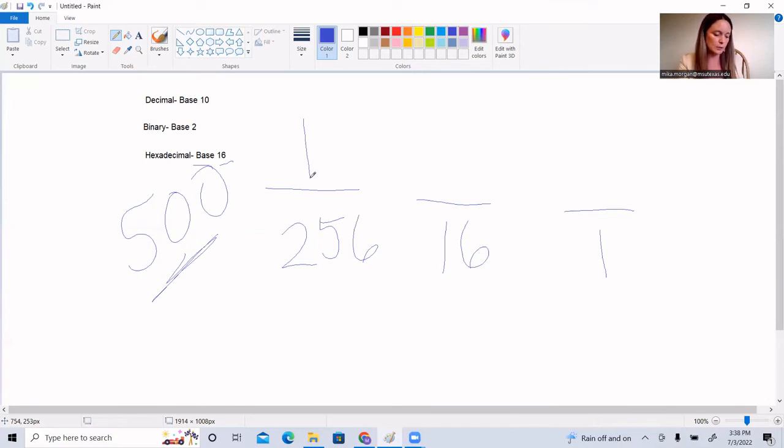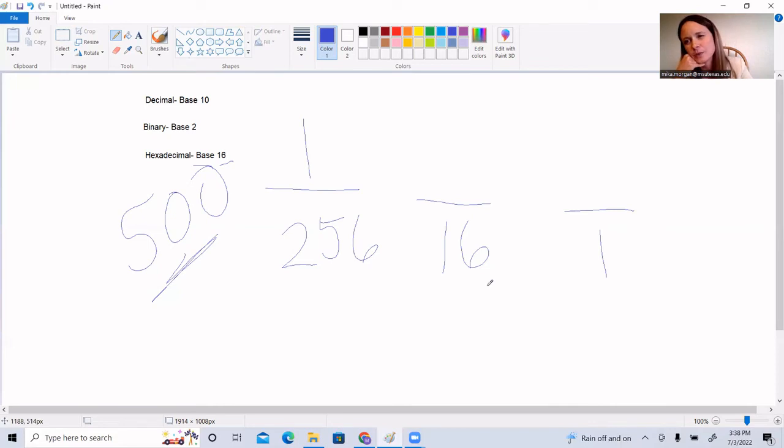So I started with 500 and I have 256 accounted for. So I'm going to subtract: 500 minus 256. I need 244 more. So how many 16s do I need for 244?